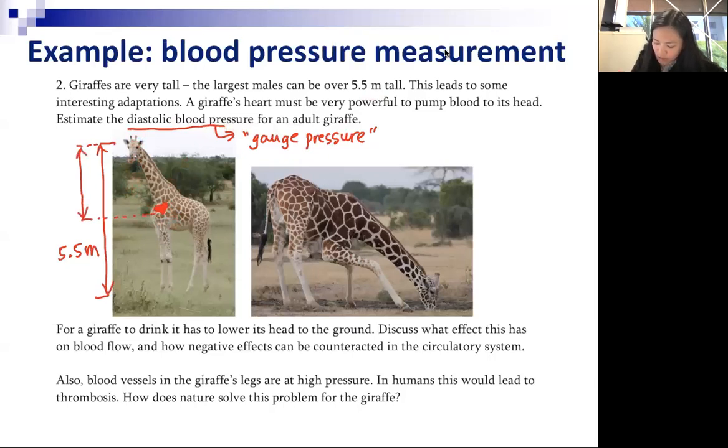So we can approximate the distance between the heart and the head to be half of the height of the giraffe.